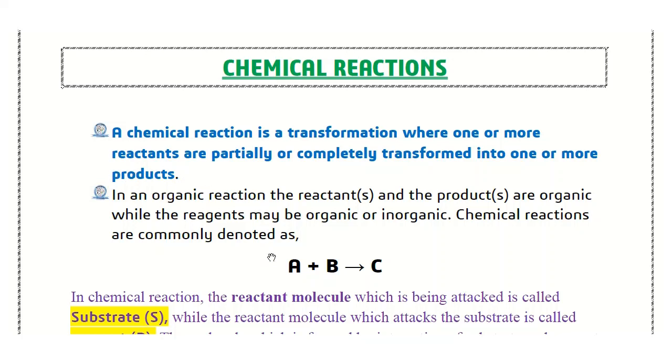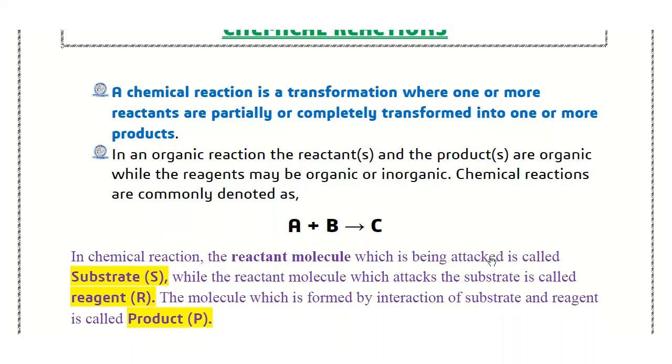So let's take an example. For example, A and B are going to react, and after the chemical reaction they will get converted into C. C is said to be the product of both A and B. One reactant is A and the other is B, and the reactant which is being attacked by the other reactant is known as the substrate molecule.